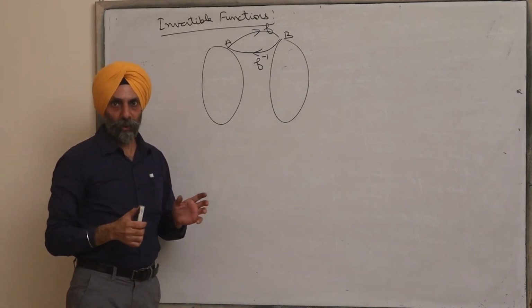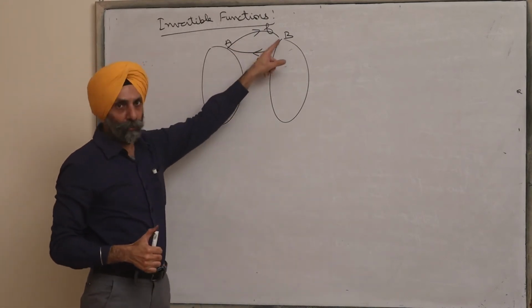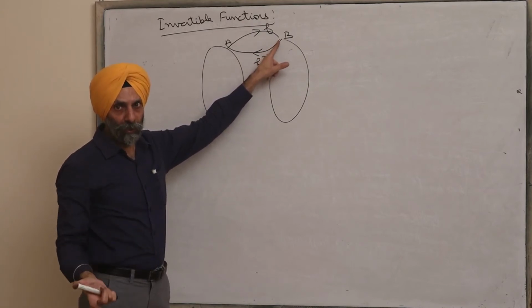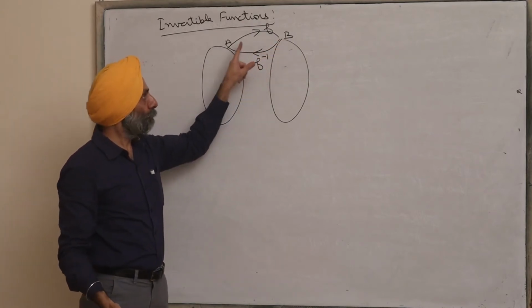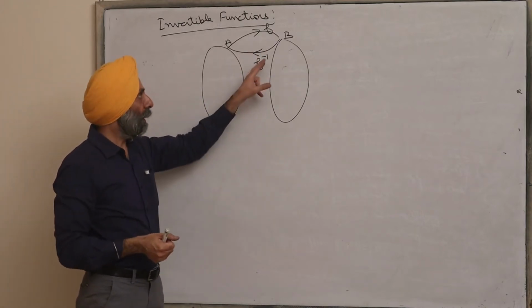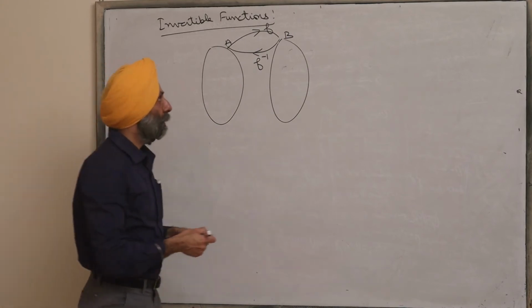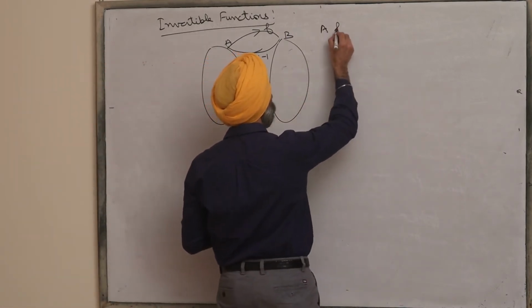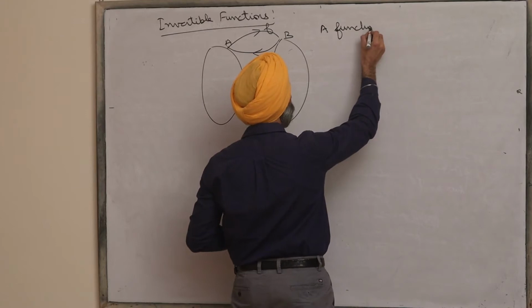So once again, if f is a function defined from A to B, and if we are able to define a function from B to A, then we say that it is an invertible function and we denote it with f inverse. Now, what is the definition of an invertible function?